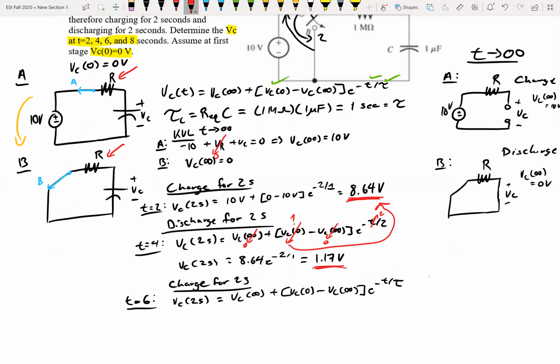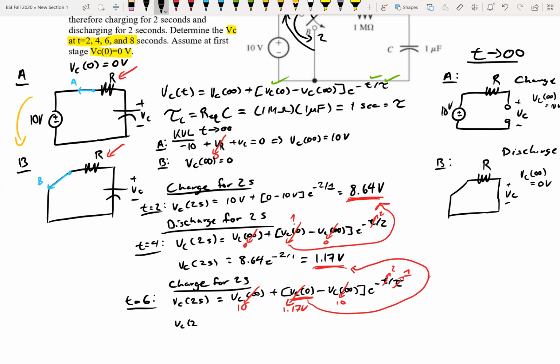And like we said, we already know if we're charging up, this infinity is going to go to 10. Time is going to go to 2. Tau is going to go to 1 second. But the initial here is now going to be whatever we stopped discharging at. So that'll be 1.17 volts.